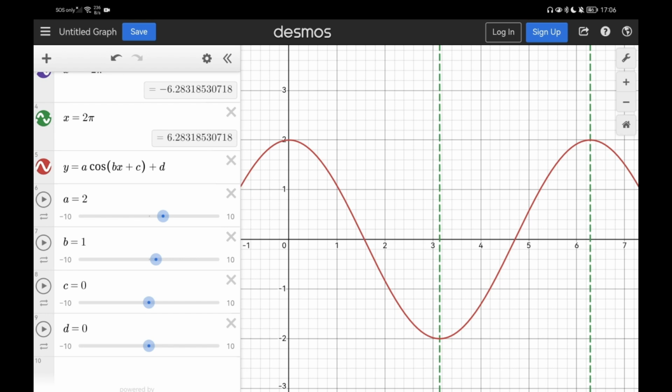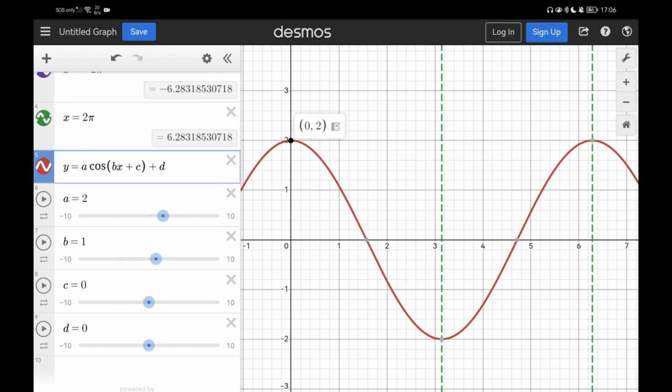We can see that the graph has changed. I mean, its amplitude changes by 2 times of its original amplitude. Okay?